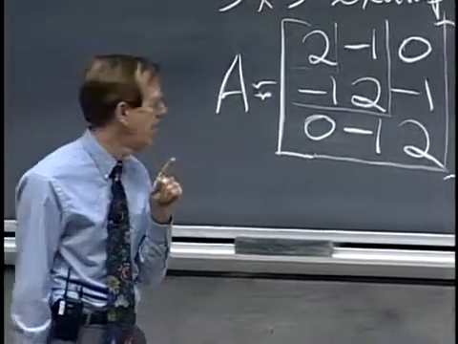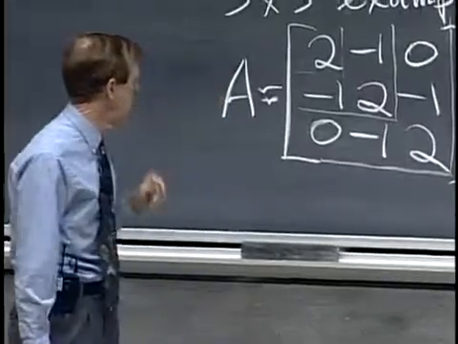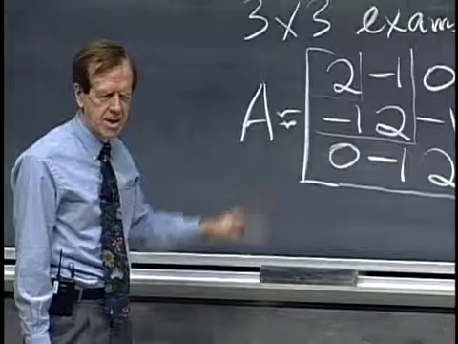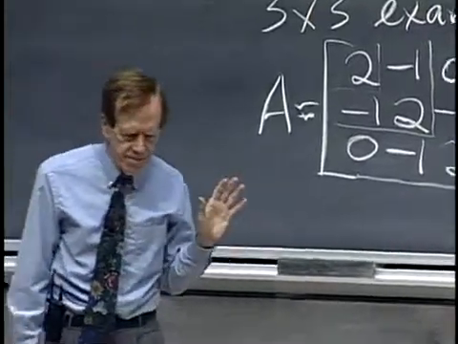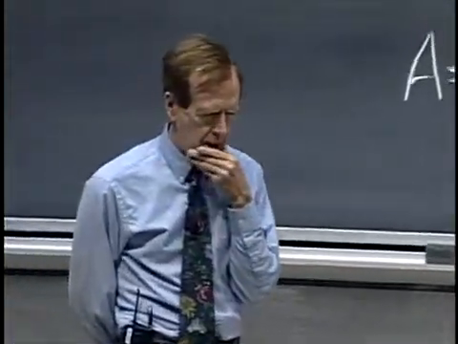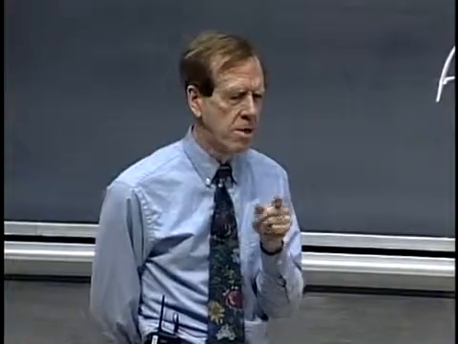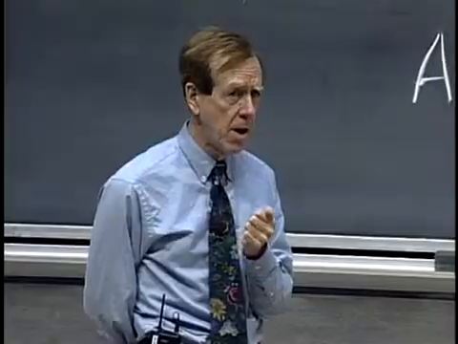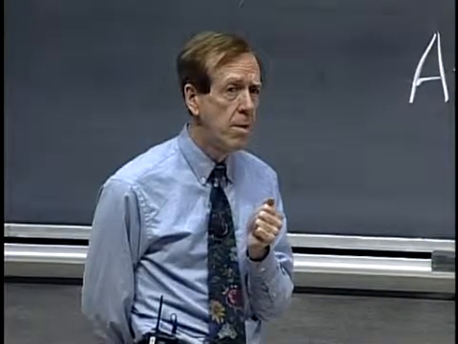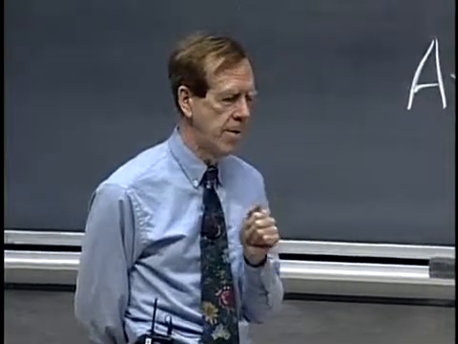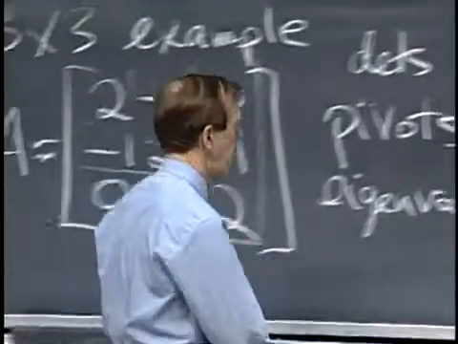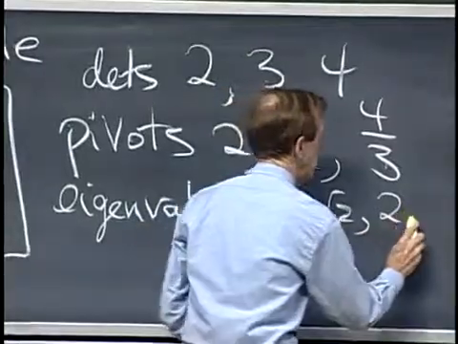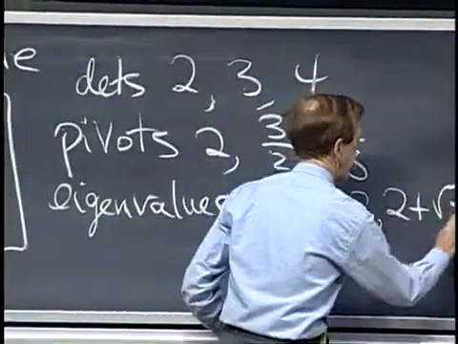I might actually remember the numbers, because these matrices are so important that people figure them out. But what do you believe to be true about these 3 eigenvalues? You believe that they are all positive, right? I think that they are 2 minus square root of 2, 2, and 2 plus the square root of 2. I think.